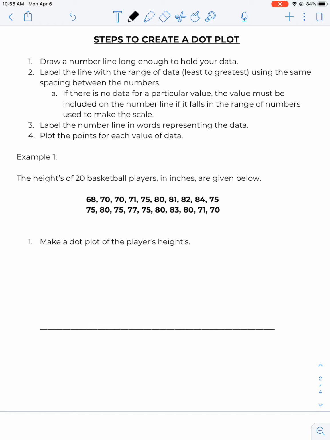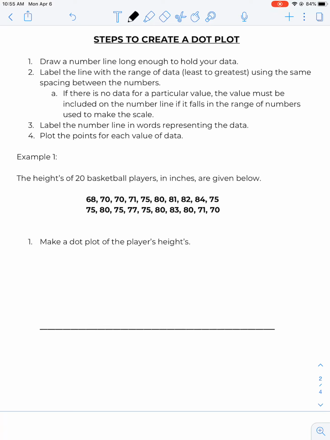If there are no data for a particular value, the value must still be included in the number line if it falls in the range of numbers used to make the scale. So in other words, even though one number might not be used, for example, in the previous one, 4 was not used, we still had to include it.